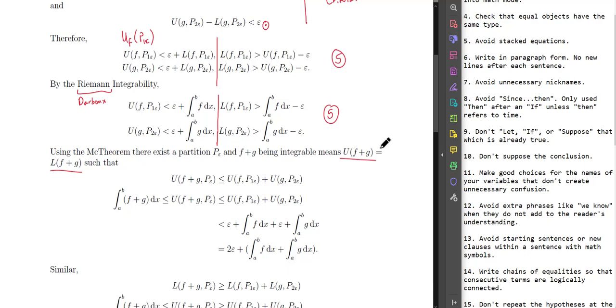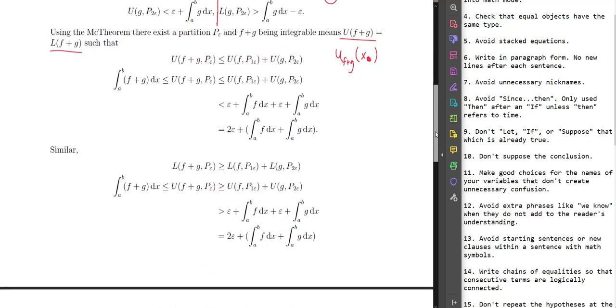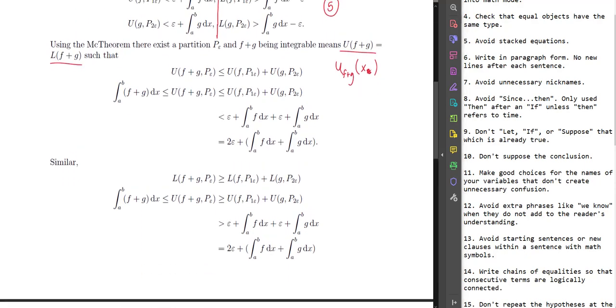This is the upper sum, and it was supposed to be something like U of f plus g of a partition. So I think you're getting this from somewhere. All right, that's what I'm looking at. In which case, you've got to write your own. It's going to be hard for me to judge what's going on because I don't know what this notation means. I'll just make a couple little comments.